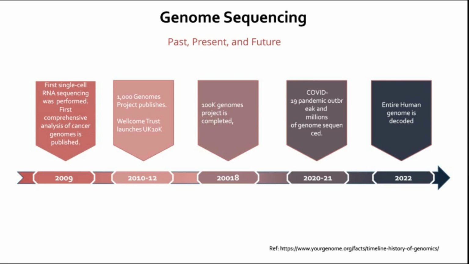Decoded means we now have each and every gene crystal clear in the human genome. Think about that. We started in 1990, and now in 2022 we got every gene properly in the human reference genome. So it took more than 20 years to reach that stage.